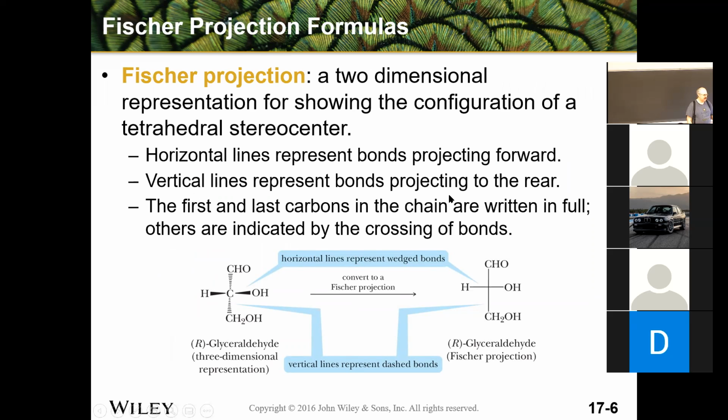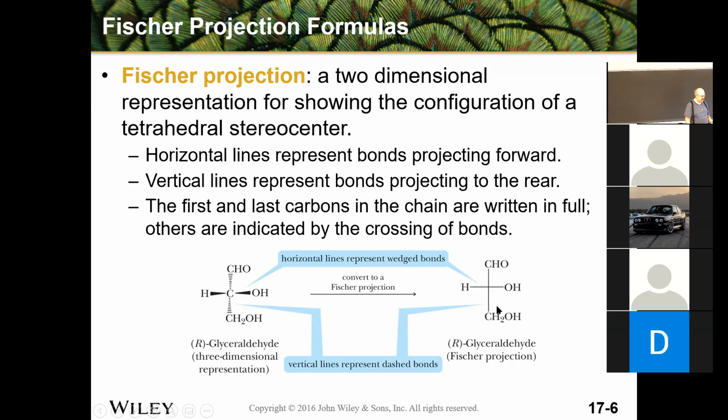Back in our chapter on stereochemistry, we introduced the idea of Fischer projections. A Fischer projection is a 2-dimensional representation for showing the configuration of a tetrahedral stereocenter. So vertical lines represent groups that are going back behind, and horizontal lines represent groups that are coming forward.